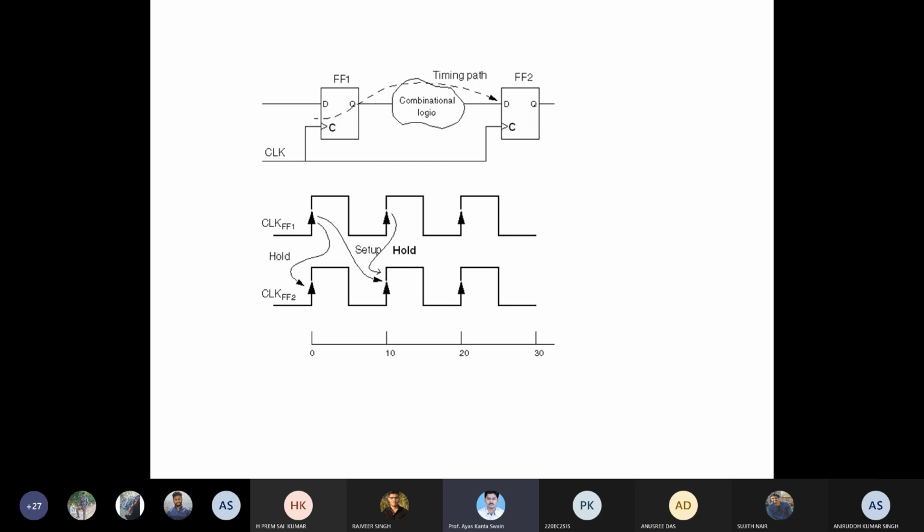It just divides the entire design into timing paths, paths between flops, and those are individually calculated for setup and hold violation. That is what static timing analysis does.